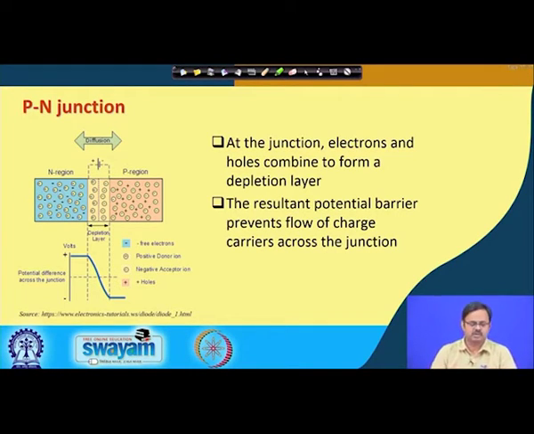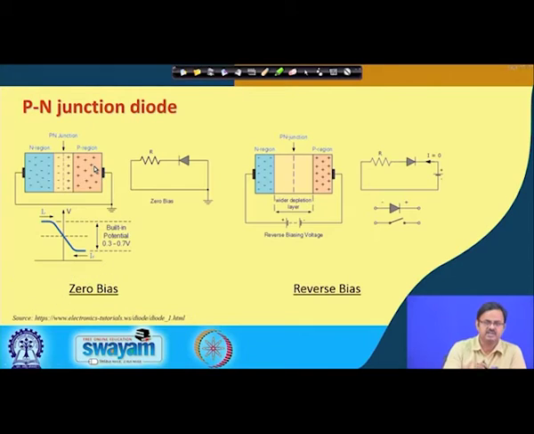Very close to the junction, as we see here, this region that I am circling, the free electrons and the holes recombine to form a neutral region.